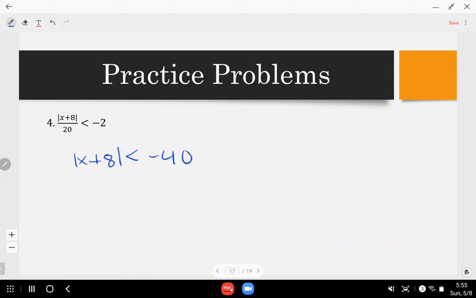The absolute value cannot be less than a negative number, so therefore it is no solution. Great job. Pay attention to this: cannot be less than a negative number. All right, number 5.